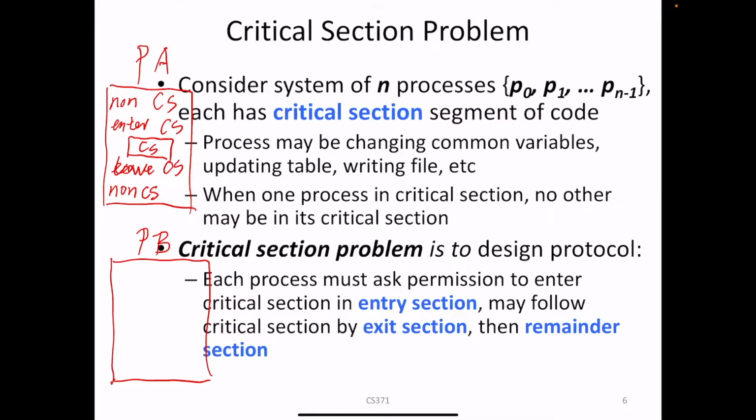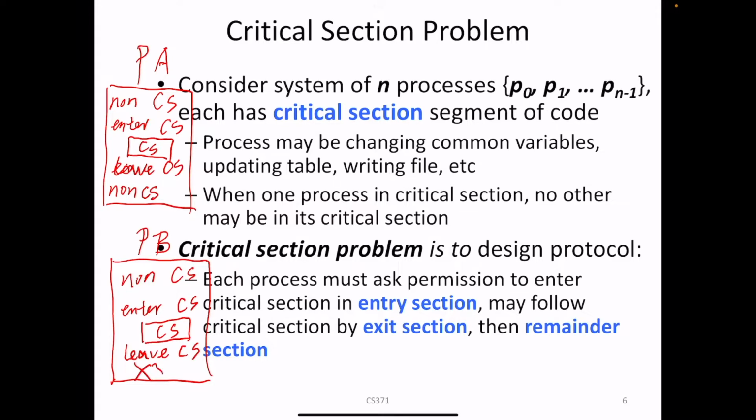Similarly for process B, we may have some non-critical sections, and then an instruction to enter the critical section. Here is the critical section part, and then another instruction to leave the critical section.